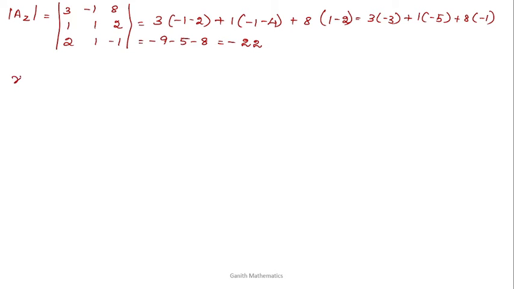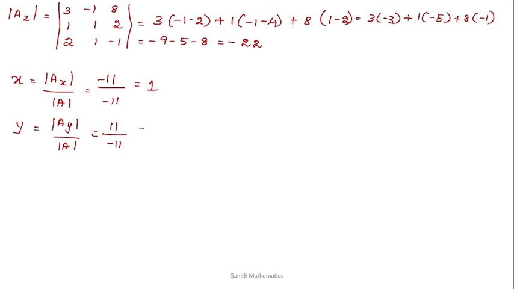So we are going to find x. x is nothing but determinant of A x divided by determinant of A, and we found determinant of A x is minus 11. So minus 11 divided by determinant of A, which is minus 11, and that is equal to 1. And to find y, determinant of A y divided by determinant of A, where determinant of A y is plus 11, divided by minus 11, which is equal to minus 1.